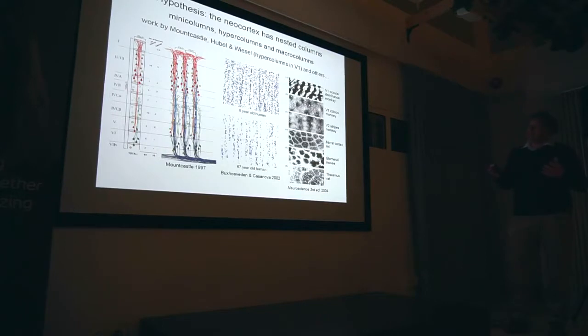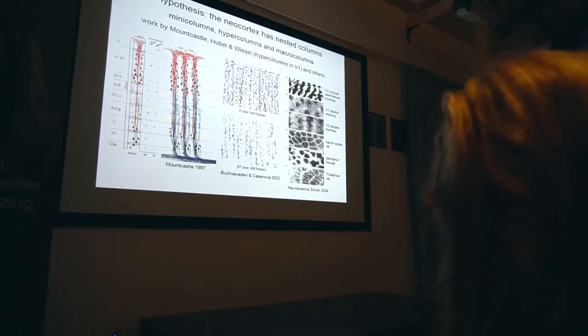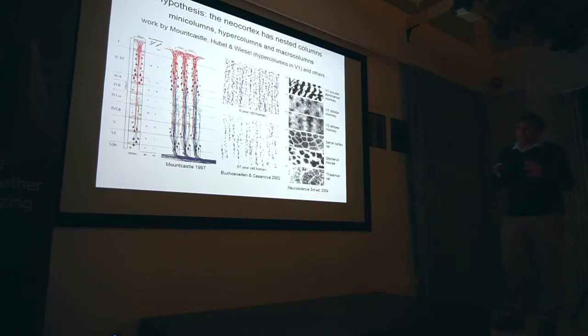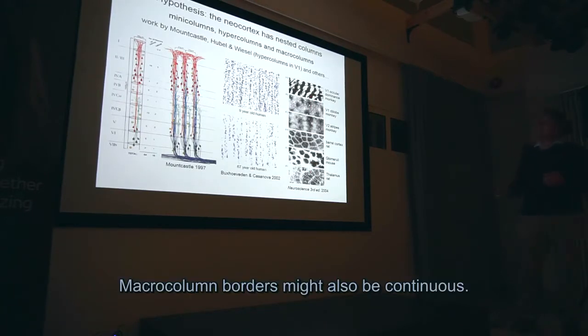These can be contained in hypercolumns, sometimes up to 100 minicolumns. In visual cortex, they're often called hypercolumns. In other areas of cortex, they're often called macrocolumns. And sometimes you can see borders of these columns, but sometimes, like in association cortex, you cannot. So it's not clear where the borders are.